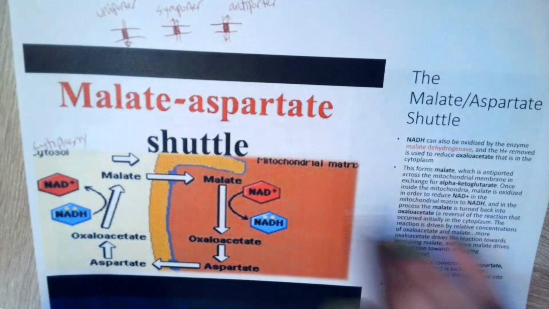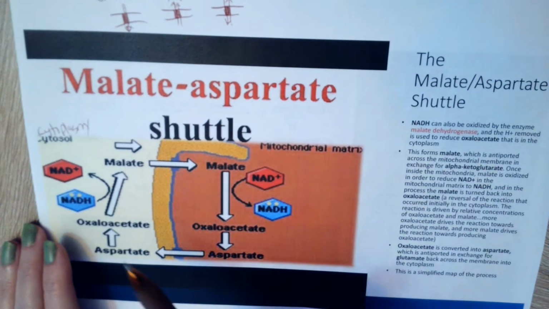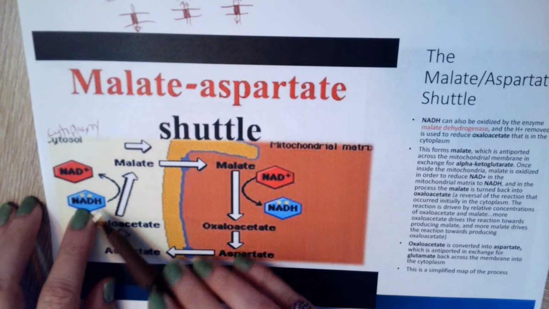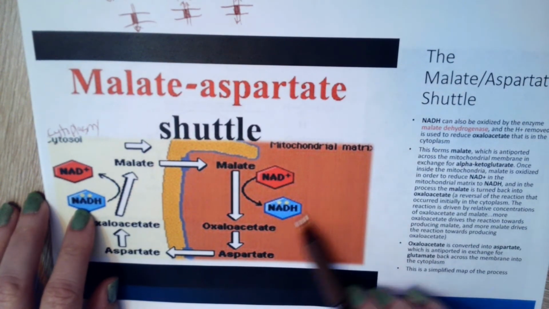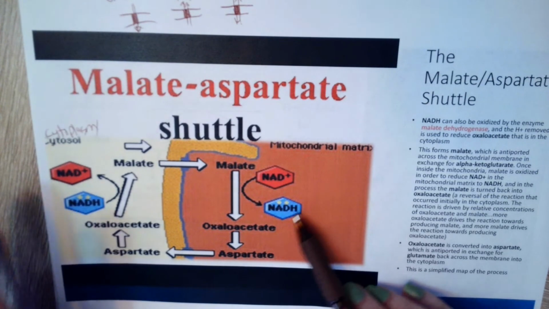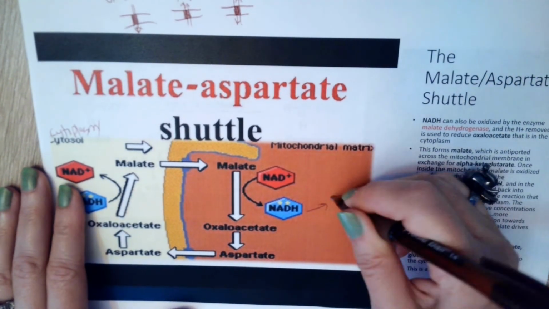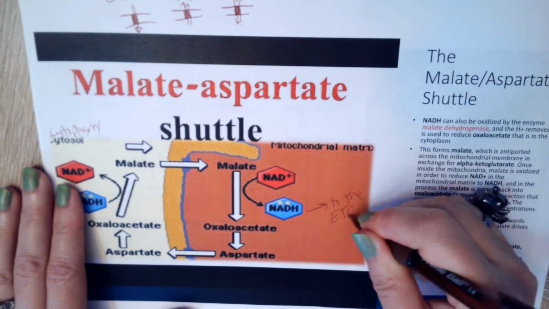So just the general overview for our malate aspartate shuttle is that we're trying to take the hydrogens from NADH, and we're trying to get them into the mitochondria so that we can use the electrons from those hydrogens in the electron transport chain. So that'll go to the electron transport chain.